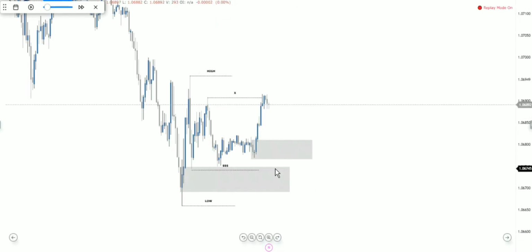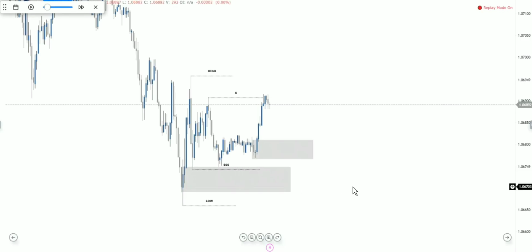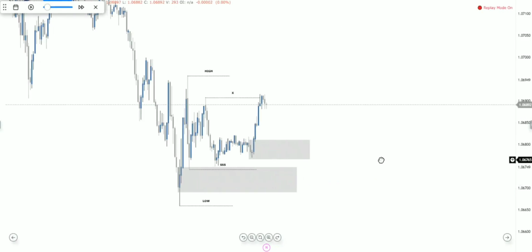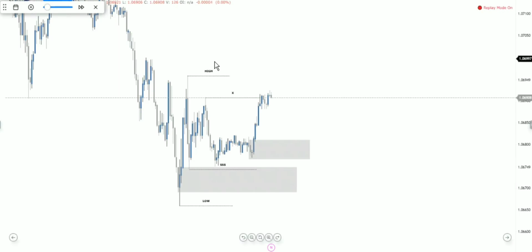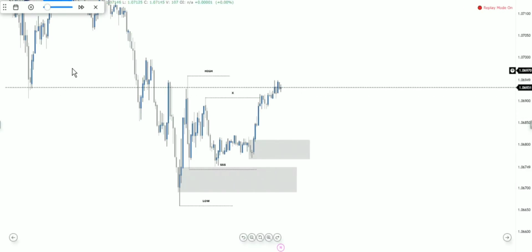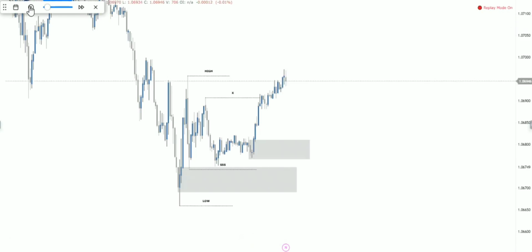So for now, this is just an example. I'm not taking anything. I'm just showing you that price can either drop into this level or to this level over here. And then that will be a trade to the upside, right? So let's see. Either price can break the high above before it comes back, or it can come back before then.